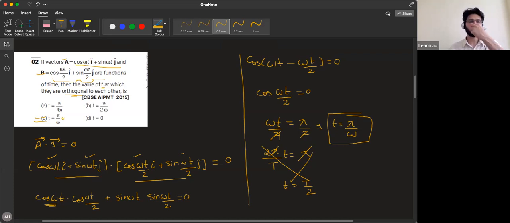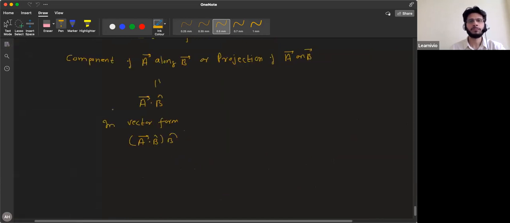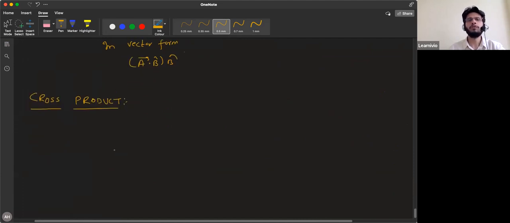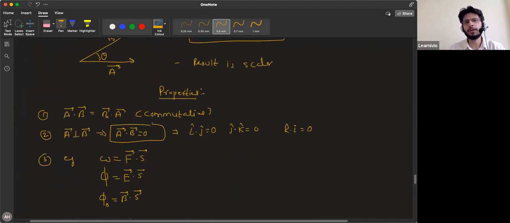Okay, next we'll do cross product. So if you have two vectors, when you take the dot product, then the dot product of two vectors is a scalar quantity. A dot B is a scalar quantity.